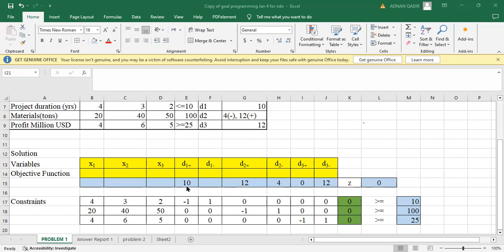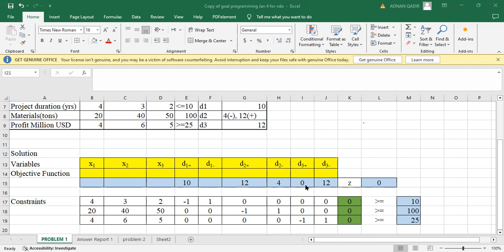And the coefficient for profit is: D1 plus will have 10 for the Z, the objective function, minimum Z function, 12 for D2 plus, as we can see, and negative for D2 minus.